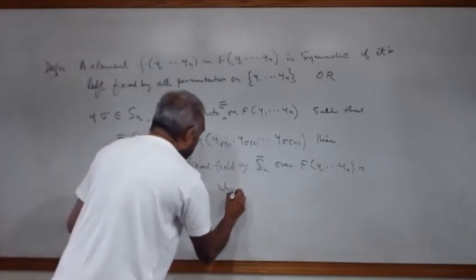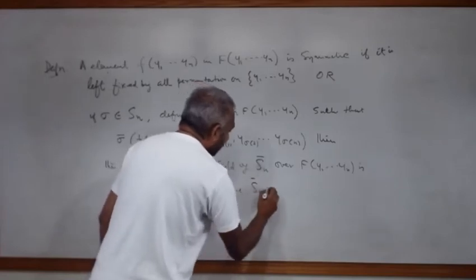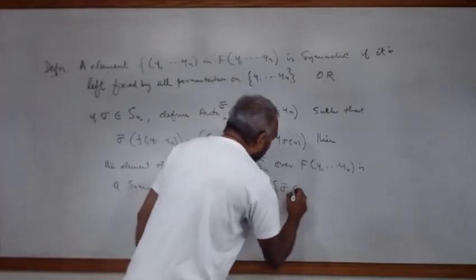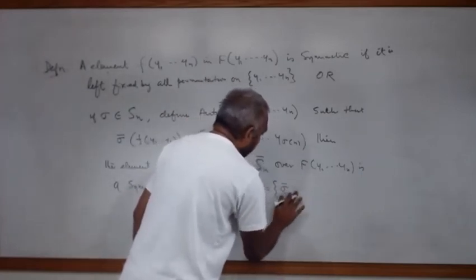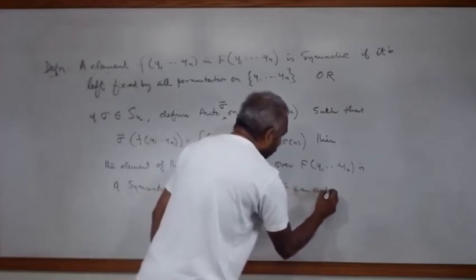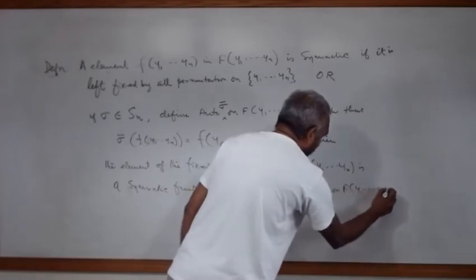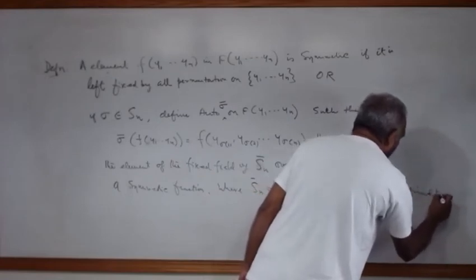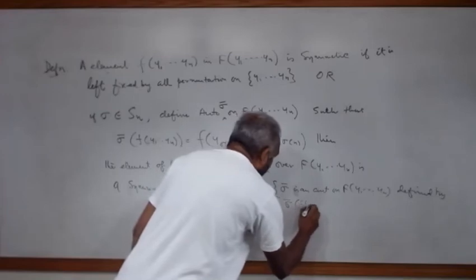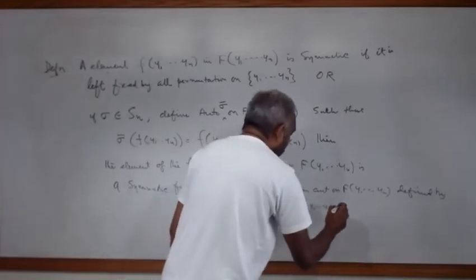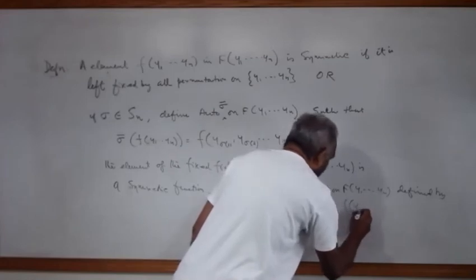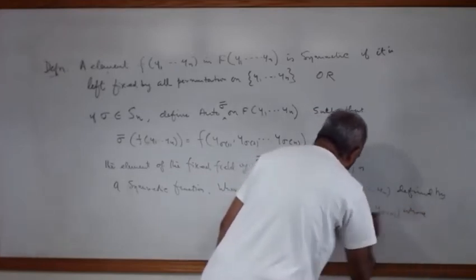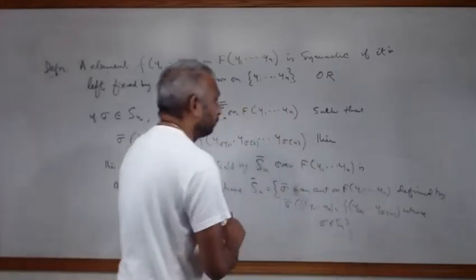Where sigma is an automorphism on F(y1, ..., yn) defined by sigma bar of f(y1, ..., yn) is equal to f(y sigma of 1, ..., y sigma of n), where sigma belongs to Sn.